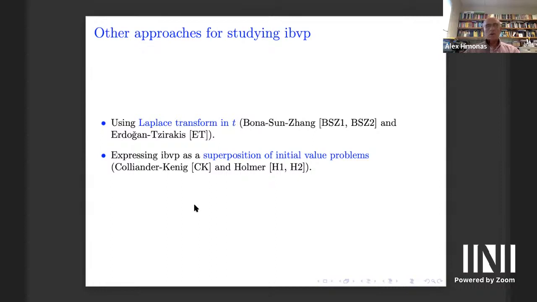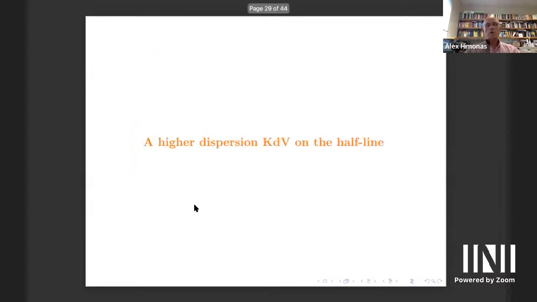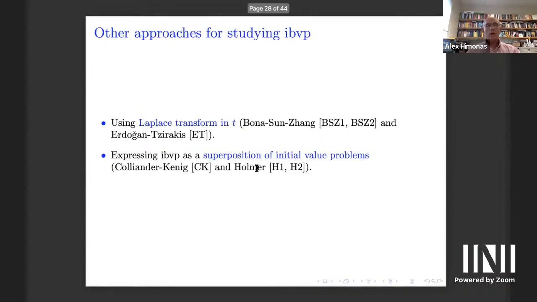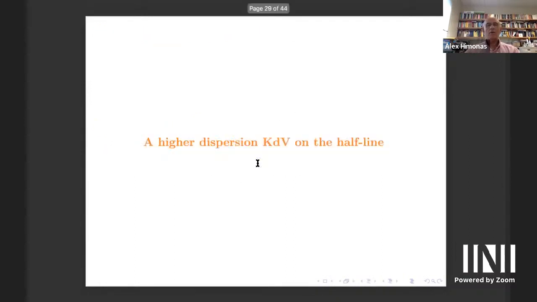And that's what we were able to show, that it works, although it's more technical. And by the way, the results are the same with all three methods, I mean, in terms of optimality.